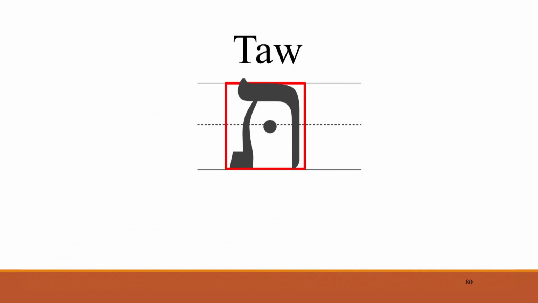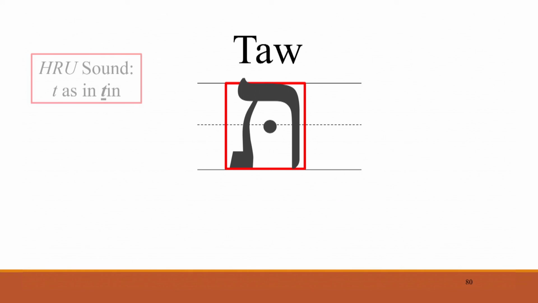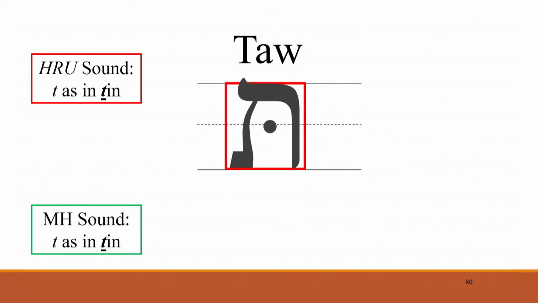And finally, we have the letter tav. Here's tav with the dagesh, and it makes the sound t, as in tin. There's no distinction between the t sound of tav and that of tet. In the ancient world, there probably was, but it's long gone. In modern Hebrew, the same thing.